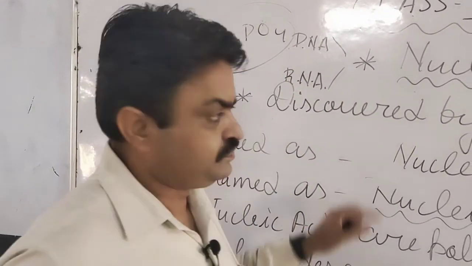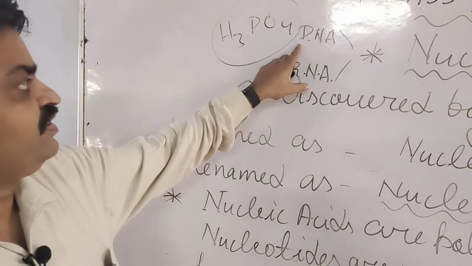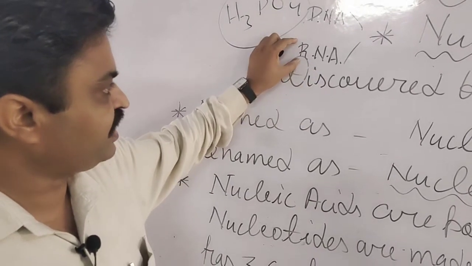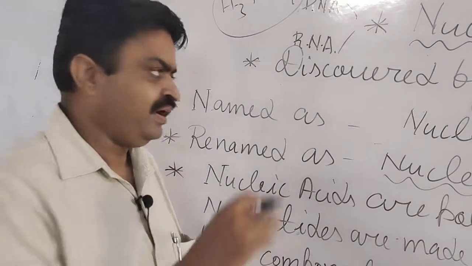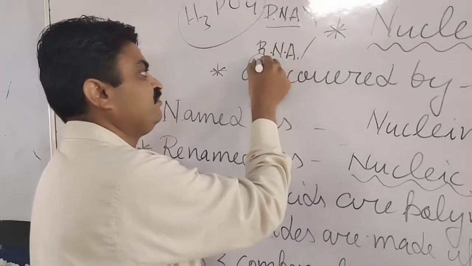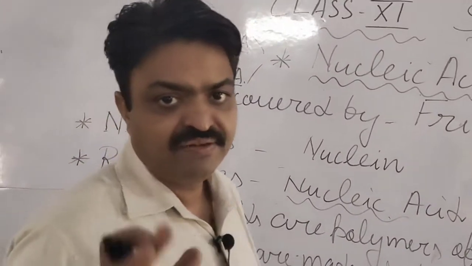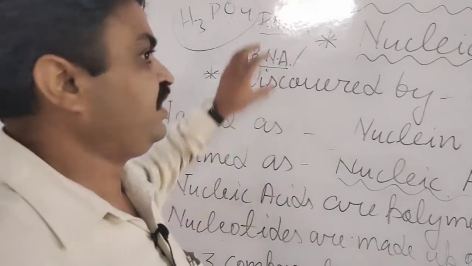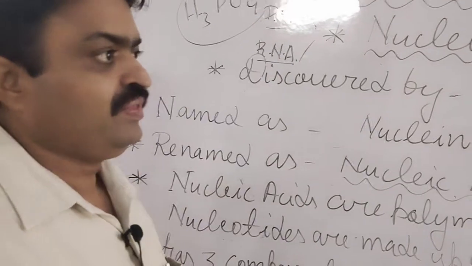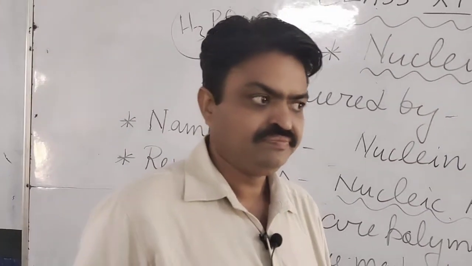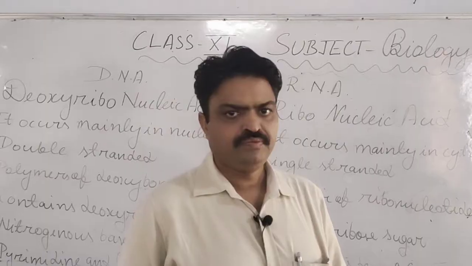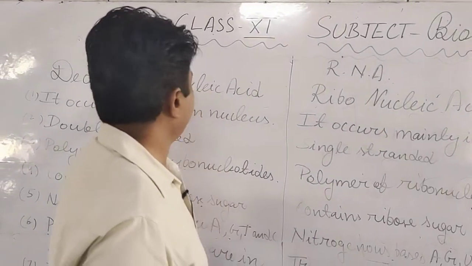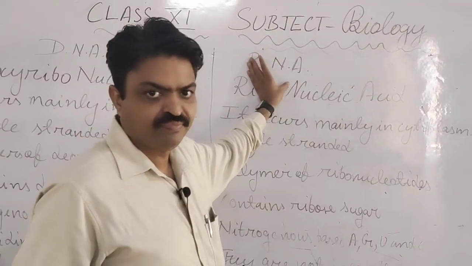DNA full form is deoxyribonucleic acid and RNA full form is ribonucleic acid, and they are found inside the nucleus, and also in the prokaryotic cell, student. Yes, student, there are two types of nucleic acid, deoxyribonucleic acid and ribonucleic acid.